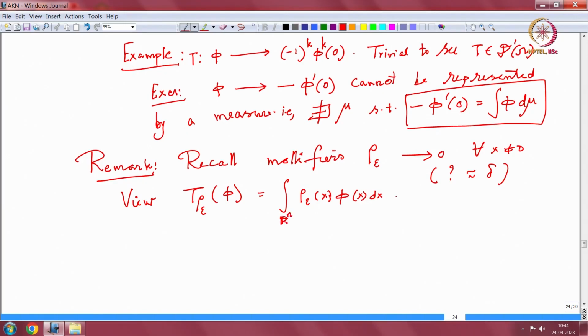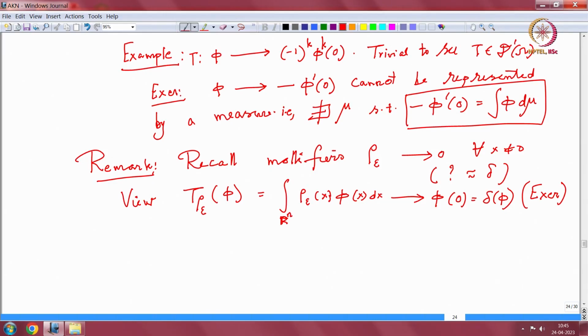This is already given as an exercise, or if it is not done, you do it at this stage. This converges to φ(0), which is your δ(φ). A little bit of work you have to do, because as ρ_ε becomes sharper and sharper, it concentrates, so you have to carefully deal with that.